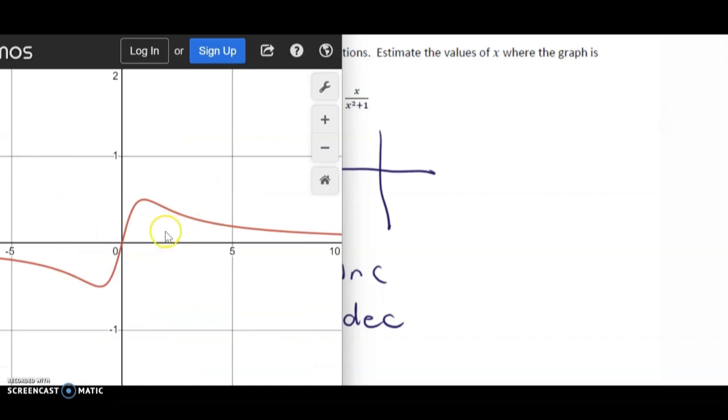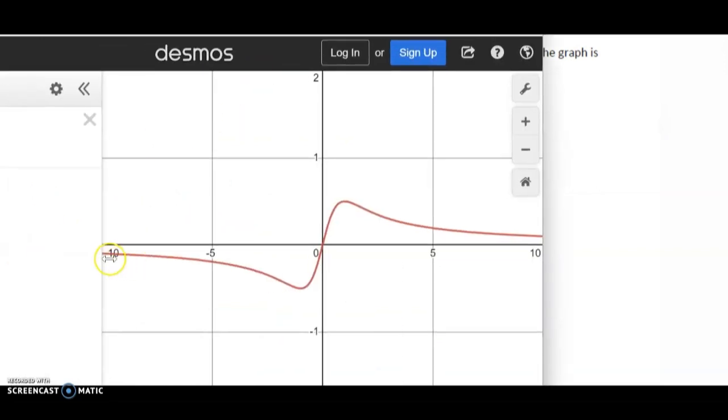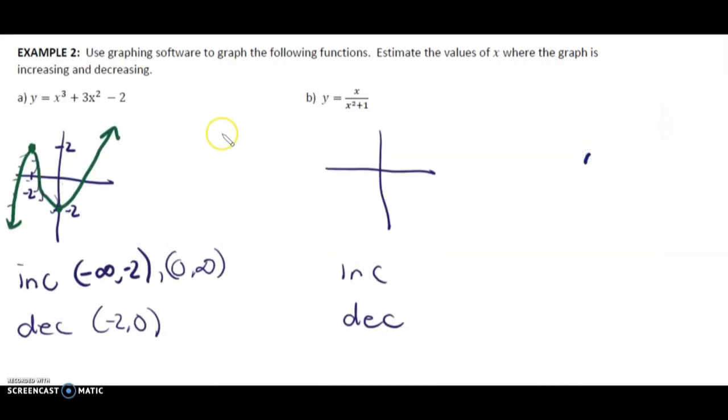There we go. Okay, so we can see on here we're decreasing until -1, -0.5. Okay, so let's graph that.